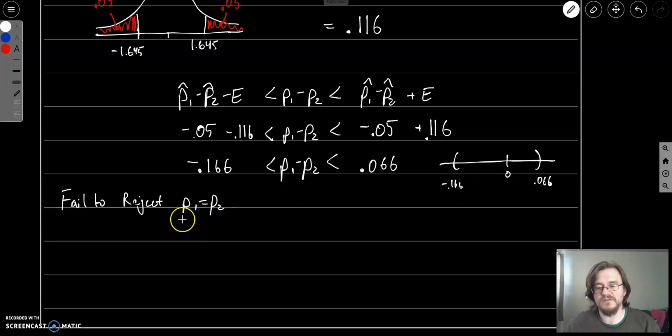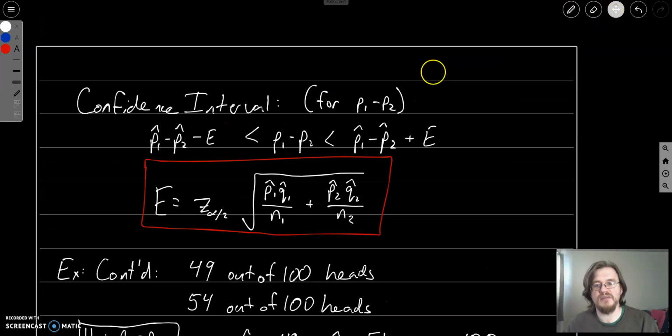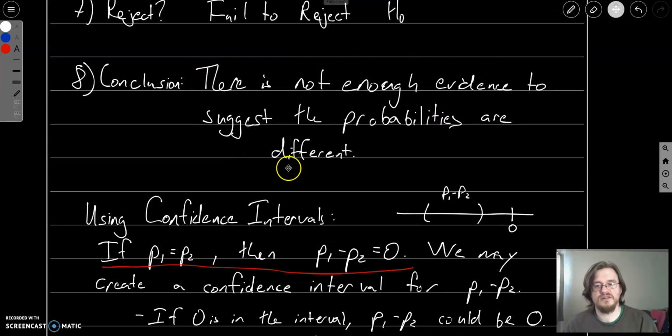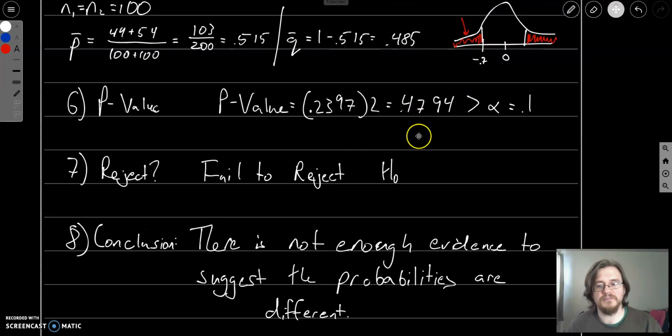And since we failed to reject this, our conclusion would be that we can't say that they're different. There is not enough evidence to support P1 not being equal to P2, so we get the same conclusion that we did using our original p-value method of solving this.